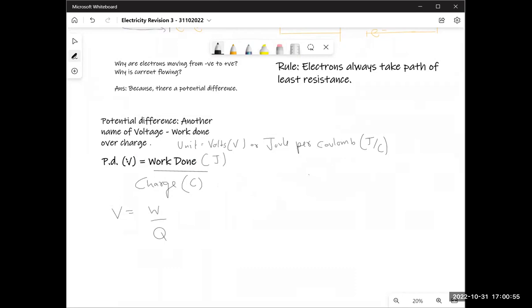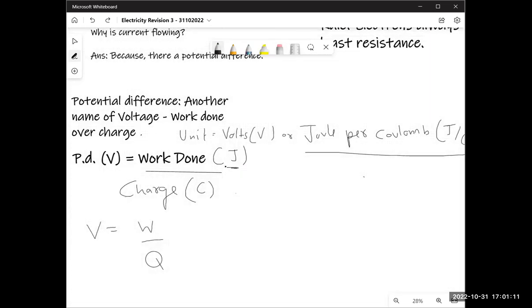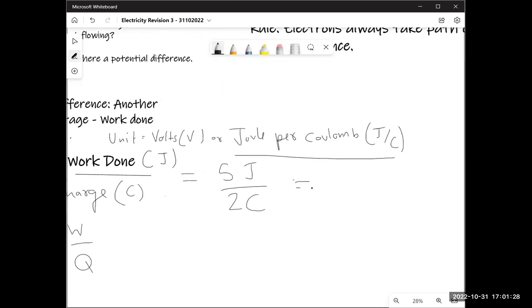We know it's V, volts, but how do I get this? Diana, what is the unit for work done? Joules. And what is the unit for charge? Coulombs.